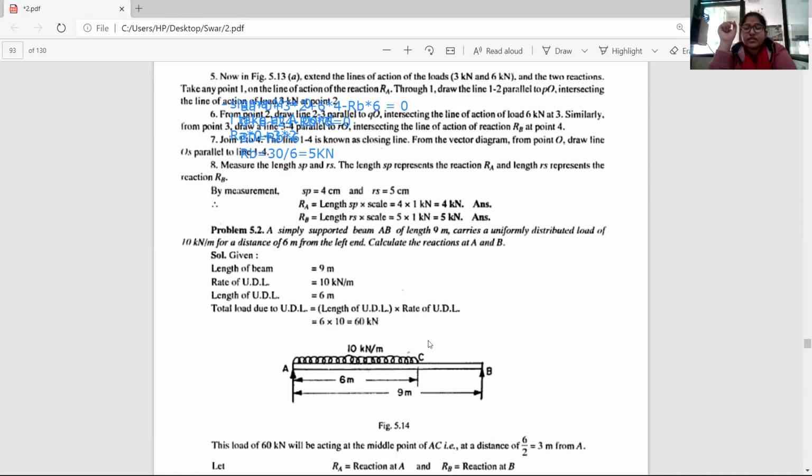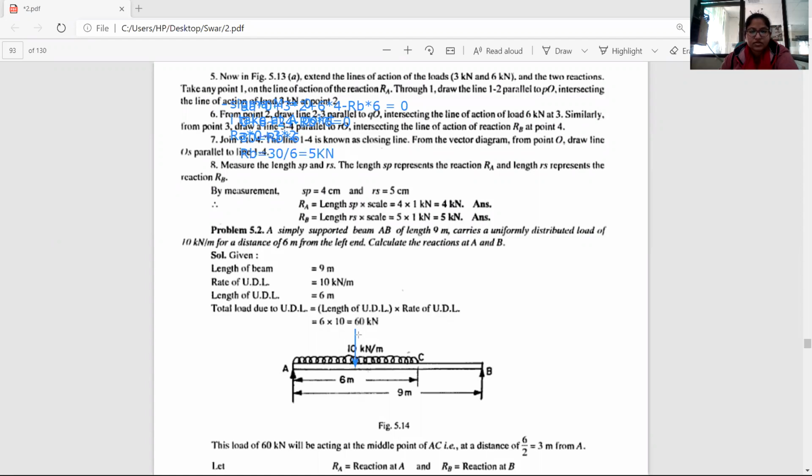For sigma V, I have this Ra, I have this Rb, and I have this point load, which is 60 kilonewton. So Ra plus Rb, because both forces are in upward direction, and minus 60, because this is the point load which I converted like this.